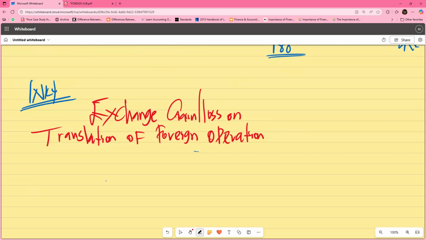The format goes like this. By saying closing net assets at closing rates.